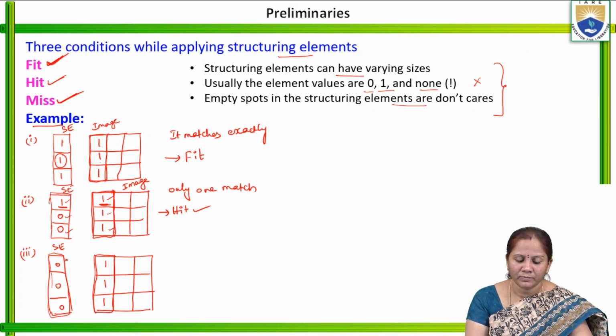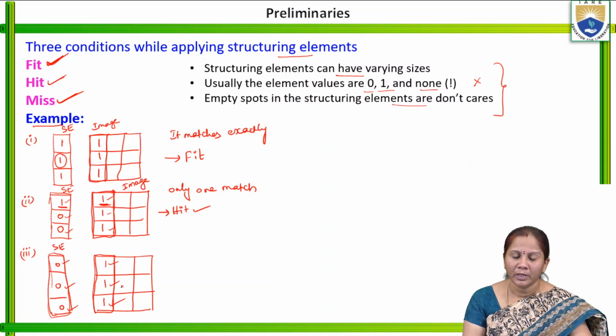If we place this structuring element on the image, none of the elements are matched. Here the structuring element pixel value is 0 and here it is 1. So in such a case, what can we say?